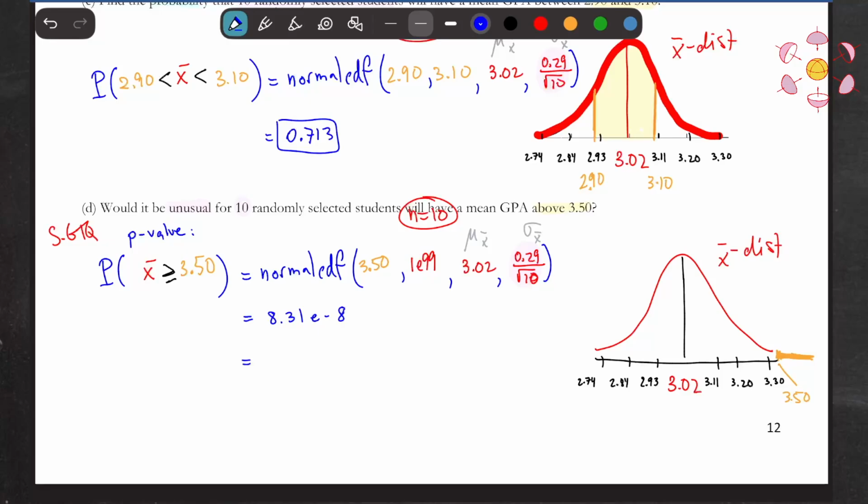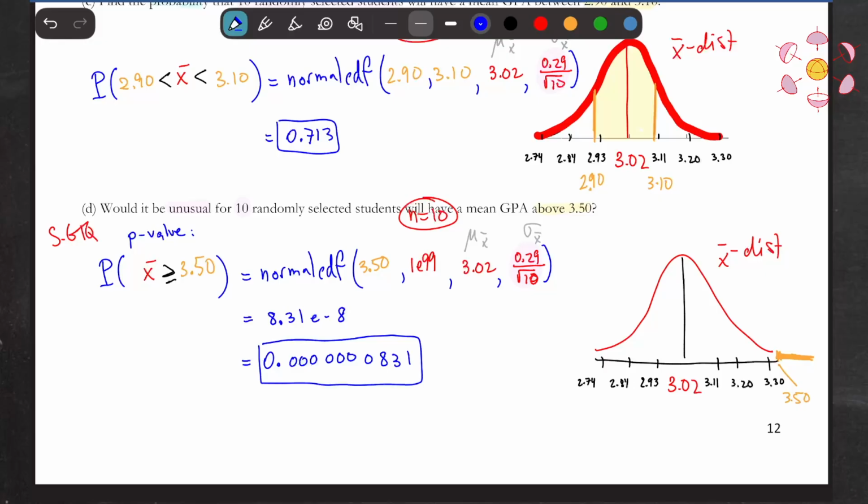Now, remember, that just means we're going to move the decimal place 8 spots to the left, which means it's actually 7 zeros, and then 8, 3, 1. So just pause the video and count. You can check that I've moved it 8 spots to the left. Obviously, that is a very, very small probability.